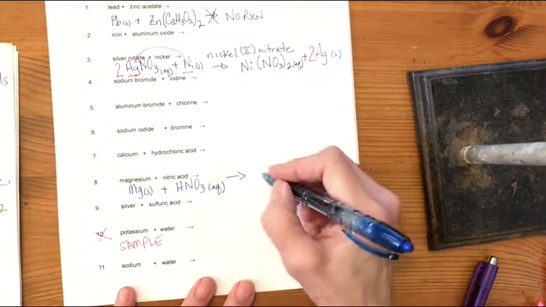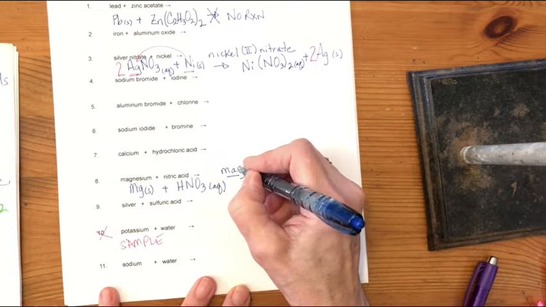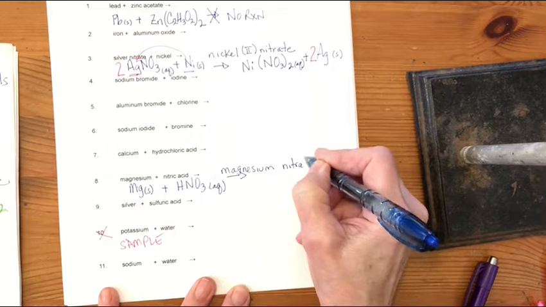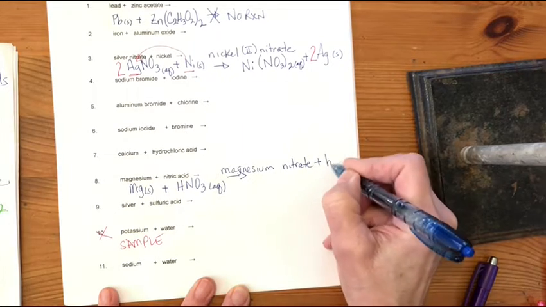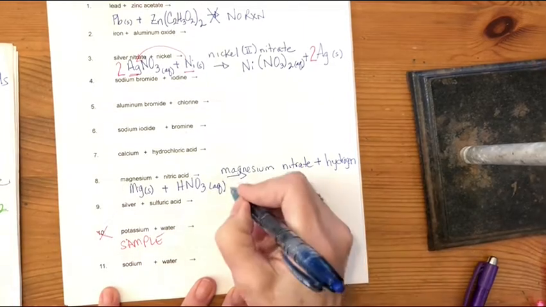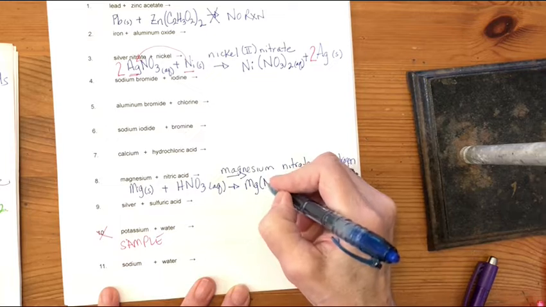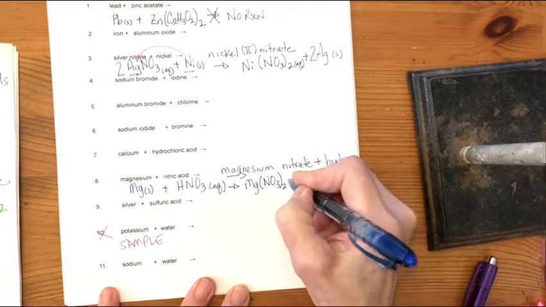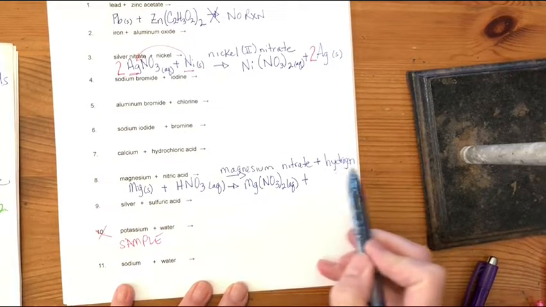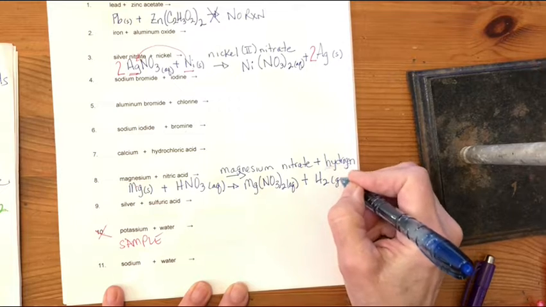So we're going to end up making magnesium nitrate. And hydrogen's going to be out in the cold. So magnesium's always a +2. Nitrate's always a -1. And you gotta remember, hydrogen's one of those diatomics, so be careful there.